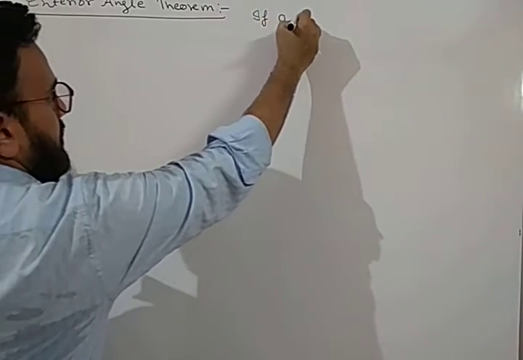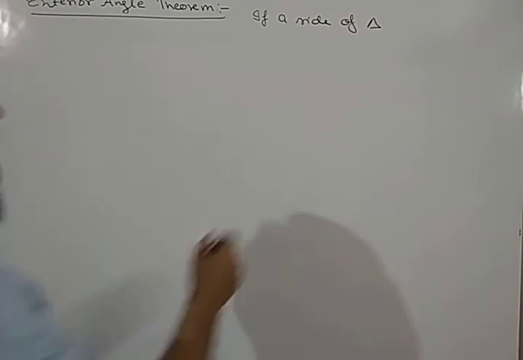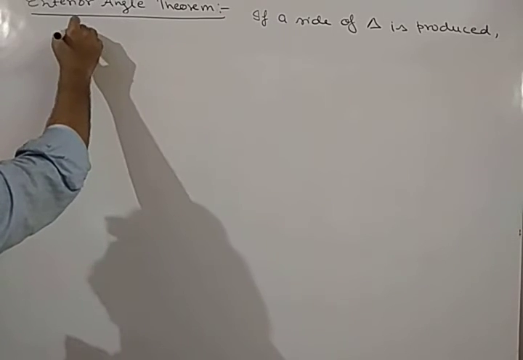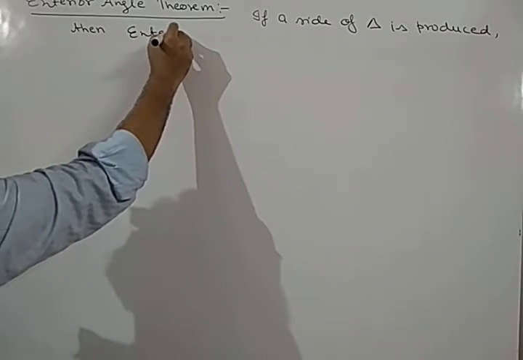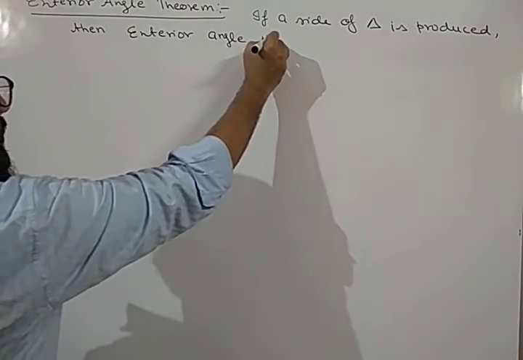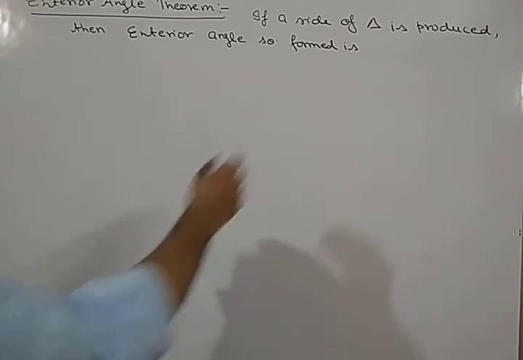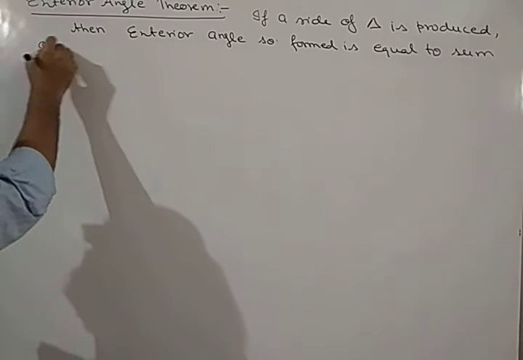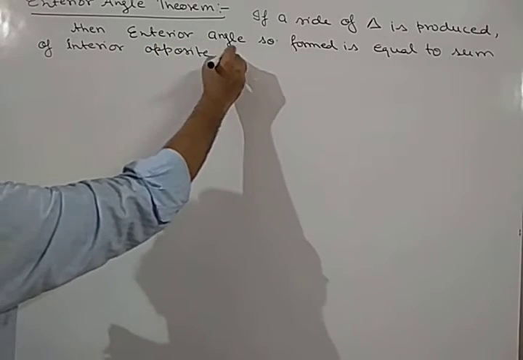The statement is, if a side of a triangle is produced, then the exterior angle so formed is equal to the sum of interior opposite angles.